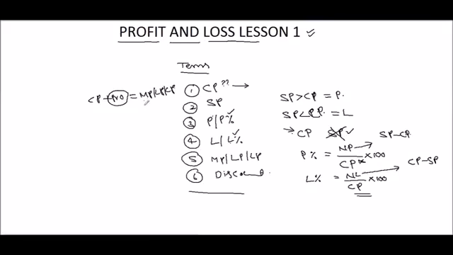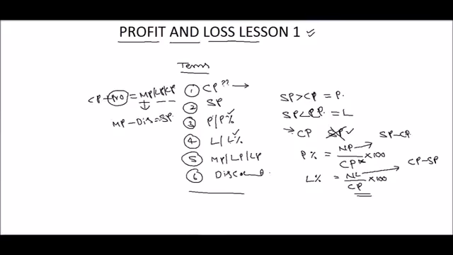After that, for some reasons, they have to give some discount on that. Remember friends, always the discount is given on the market price or labeled price, not on the selling price. After the discount, market price minus discount, you get the selling price.